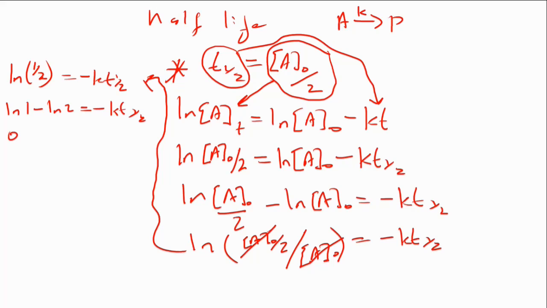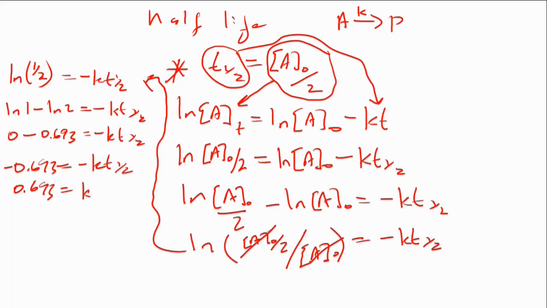So we'll have 0 minus ln of 2, which is something like 0.693, I believe, equal to minus k t half. So we have negative 0.693 equal to minus k t half, which is the same thing as saying positive 0.693 is equal to k t half.